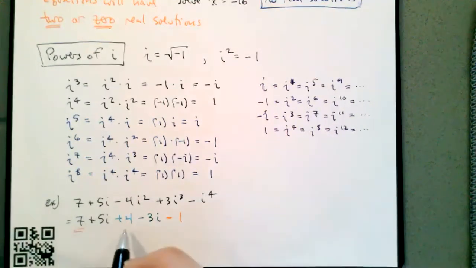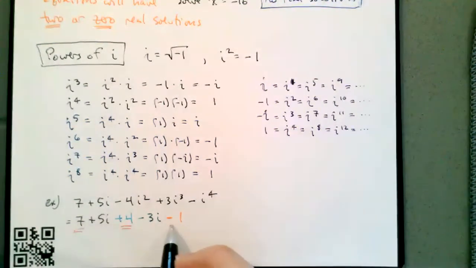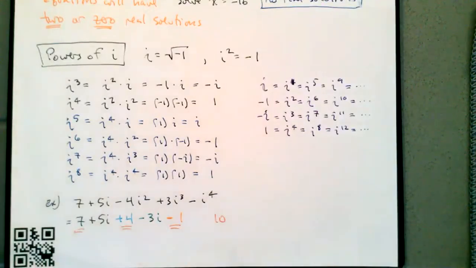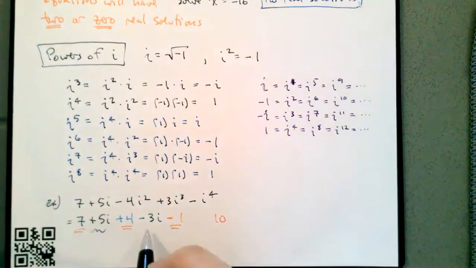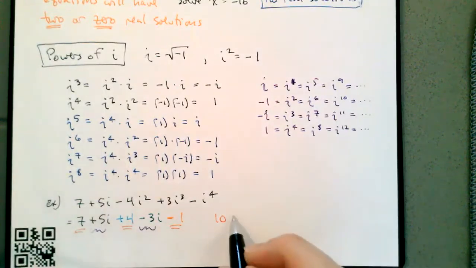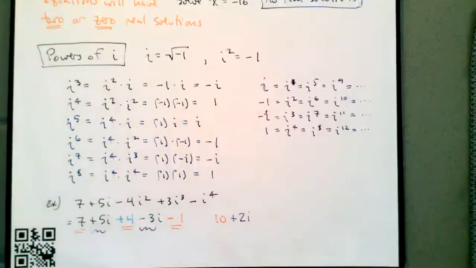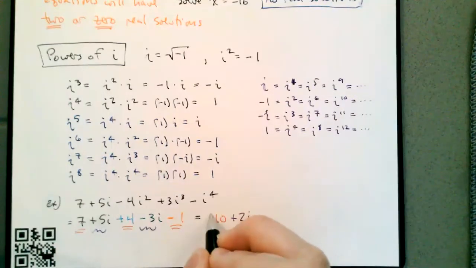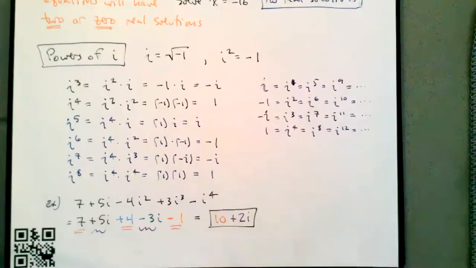I've got the 7 and 4 and negative 1, so I get 10. And then we've got plus 5I and minus 3I, which is plus 2I. So even though we're doing polynomial operations on these complex numbers, it'll always break down to just some complex number.